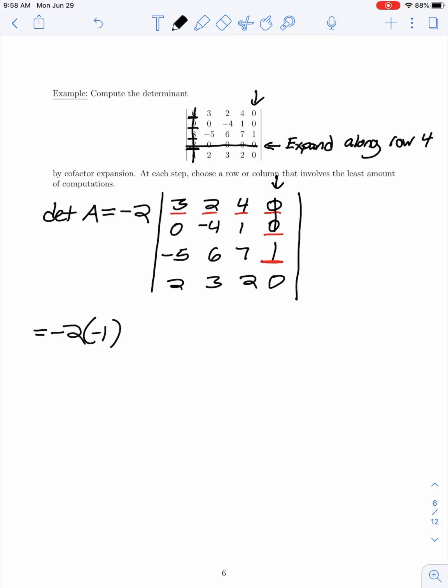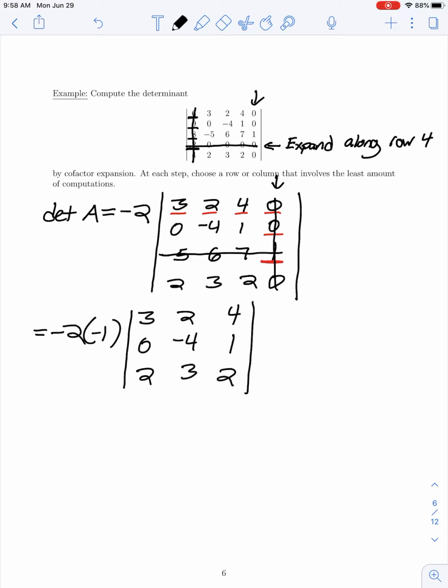So we only have that one entry in our cofactor expansion. And we're multiplying by the determinant of the 3x3 submatrix we get by deleting that row and column. So we have 3, 2, 4, 0, -4, 1, and 2, 3, 2.